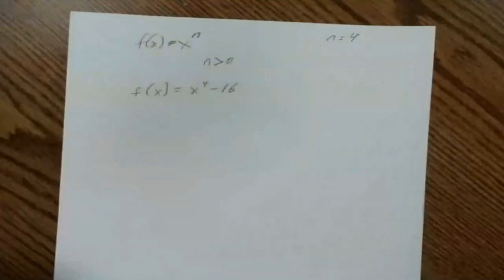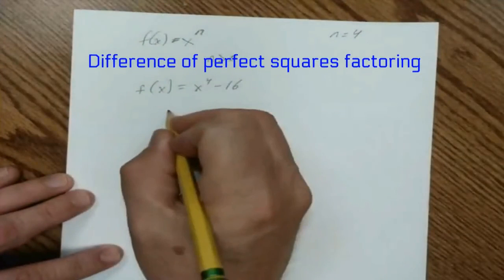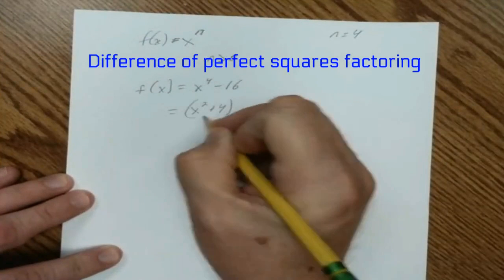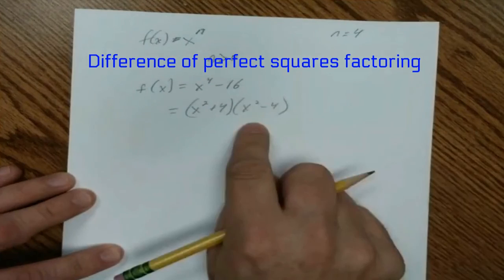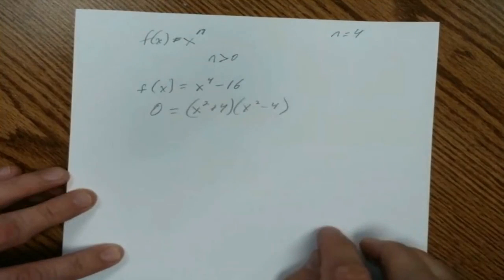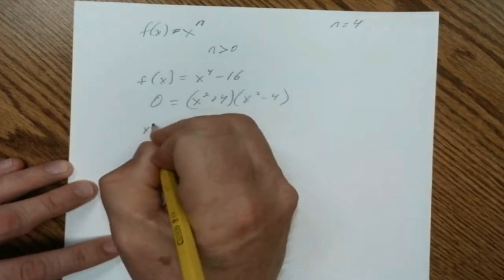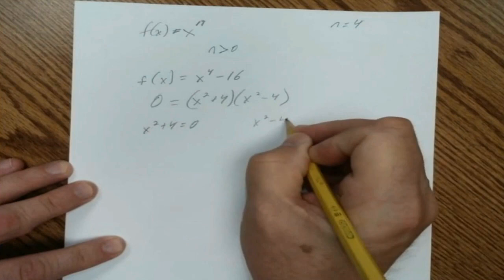But we have introduced complex numbers. If we look at this algebraically, let's factor this. This is the same as x squared plus 4 times x squared minus 4, right? And we're going to say it equals 0 because we're trying to find the zeros of it. So this one is x squared plus 4 equals 0, and over here is x squared minus 4 equals 0.